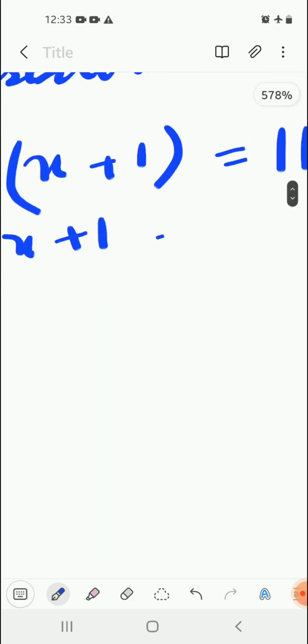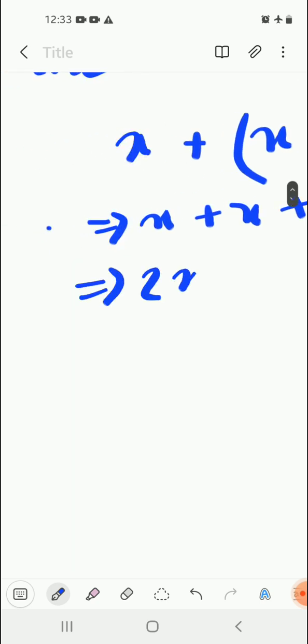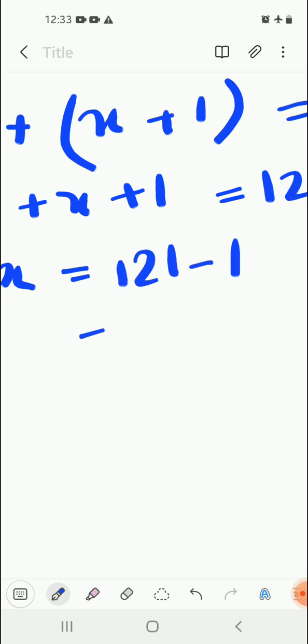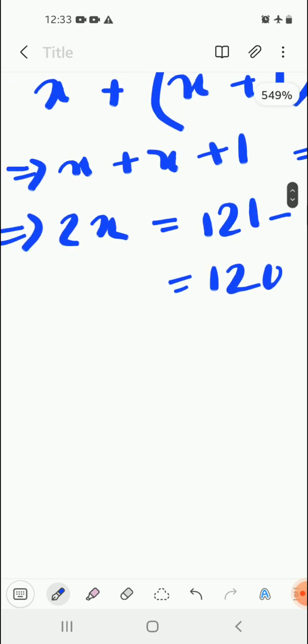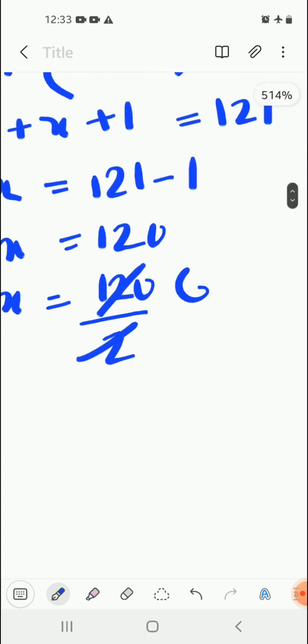x plus 1 is equal to 121, that is 2x is equal to 121 minus 1. So 2x becomes 120. Therefore x is equal to 120 by 2, that is 60.